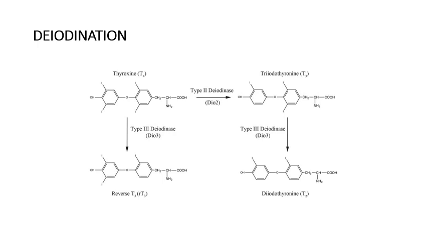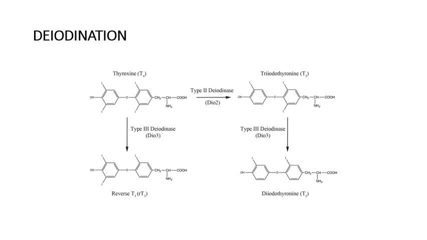Here the iodine from the 5' position of the outer ring is removed to form T3, which is the biologically active form, and you have type 3 deiodinase, which makes metabolically inactive substances called reverse T3 and diiodothyronine.